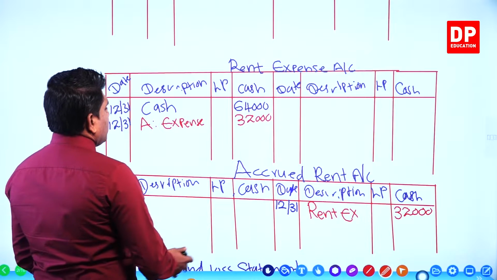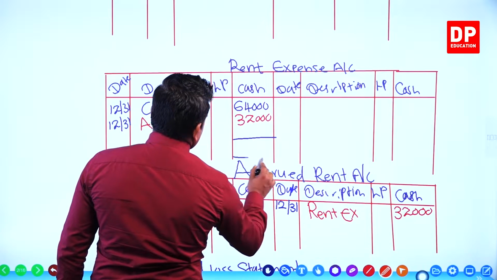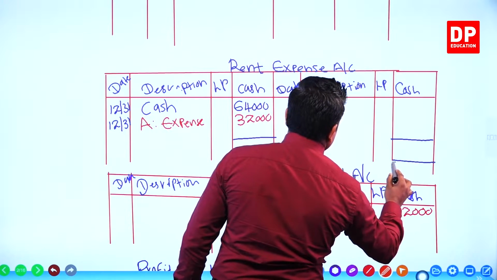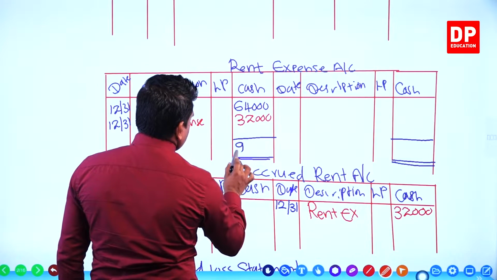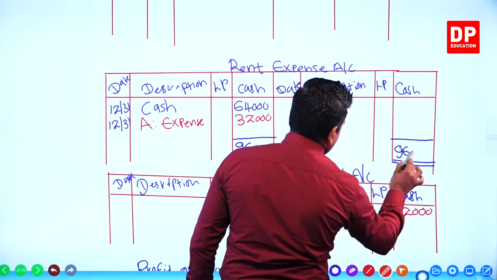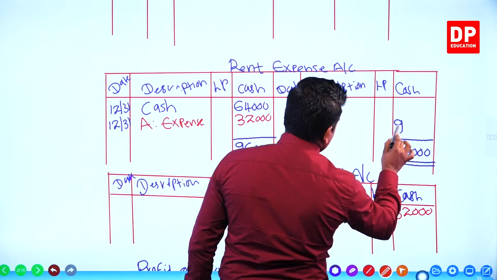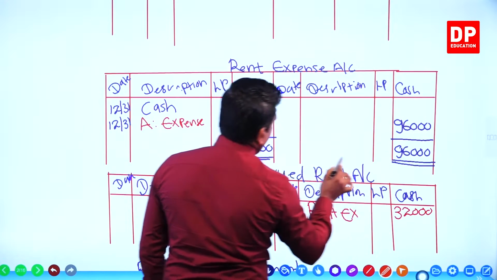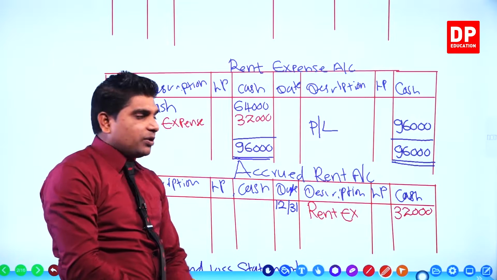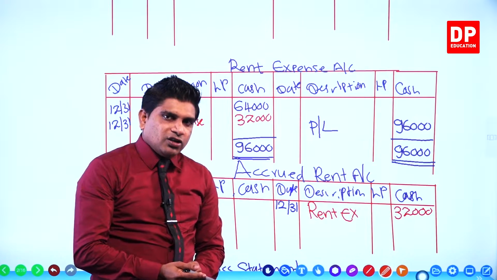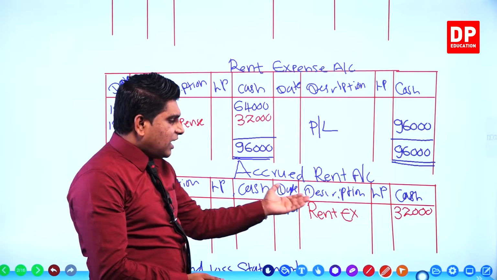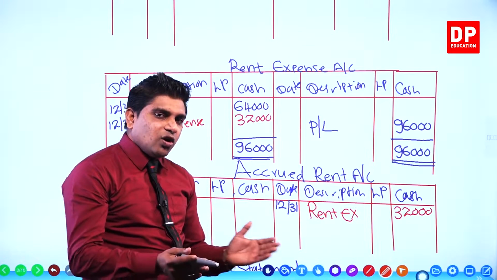Now, you can get the total of this. 96,000, 96,000. There you write the profit and loss statement. You bring this balance to the profit and loss statement, under the administration expense category, right? This is a liability. It goes under the current liability.